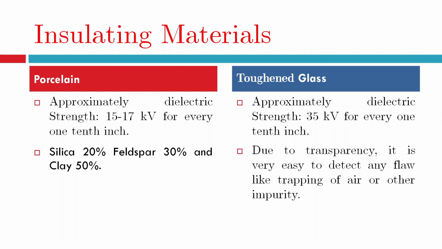Toughened glass has another advantage: it is transparent and it is very easy to detect any flaw like trapping of air or any kind of impurity that is very harmful for any kind of insulating material.